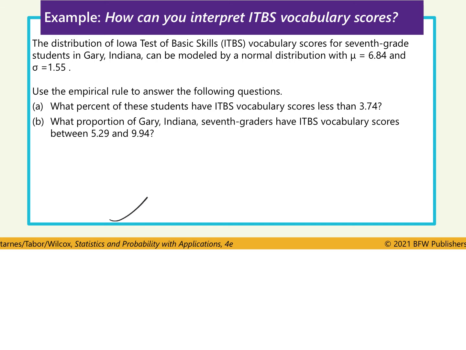We're going to draw our normal model. In the middle is my mean, 6.84. You're going to need to draw this when we're doing the homework. Yes, draw this with me.